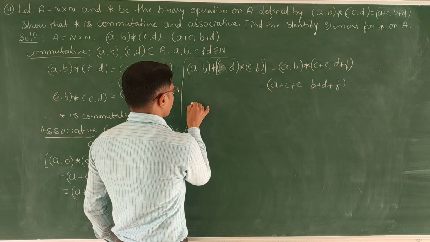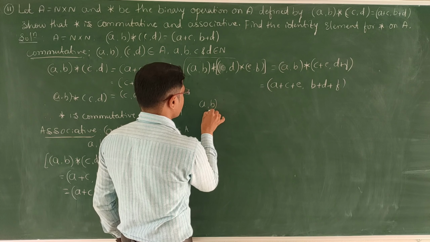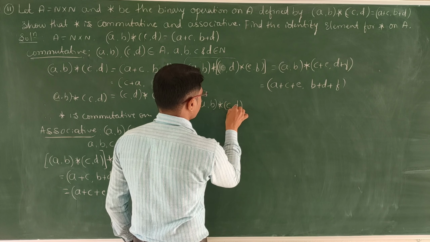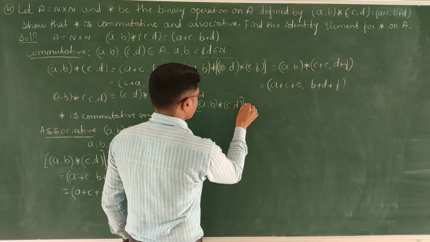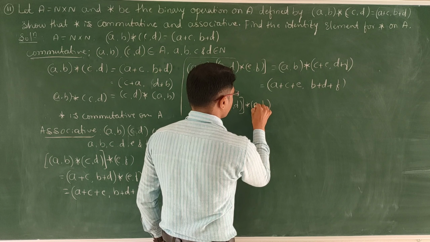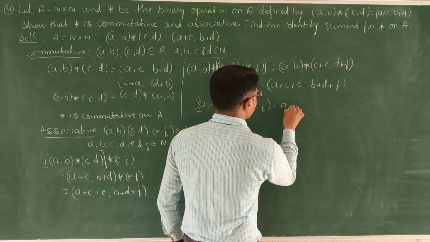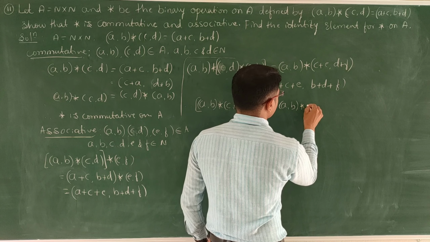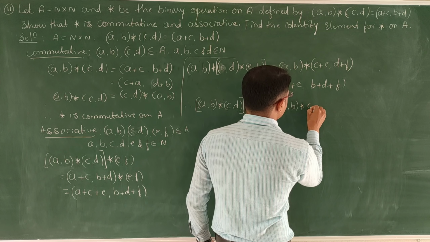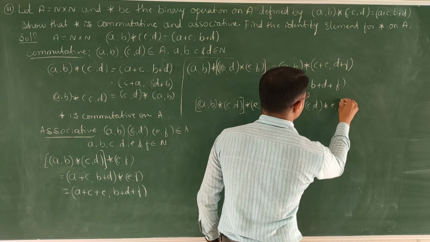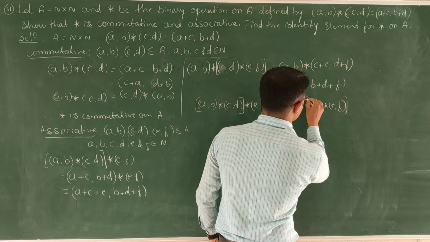Therefore ((a, b) star (c, d)) star (e, f) is equal to (a, b) star ((c, d) star (e, f)).